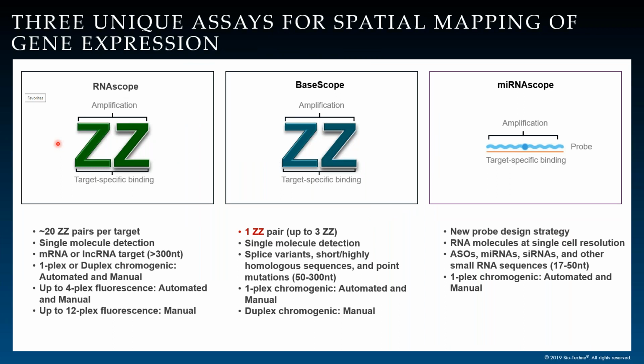Broadly, the RNAscope spatial mapping technology encompasses 3 different assays. The RNAscope assay, which was designed for targets that are over 300 nucleotides long. The BASESCOPE assay that was designed for targets that are between 50 to 300 nucleotides long, and these include your splice variants, homologous sequences, and point mutations.